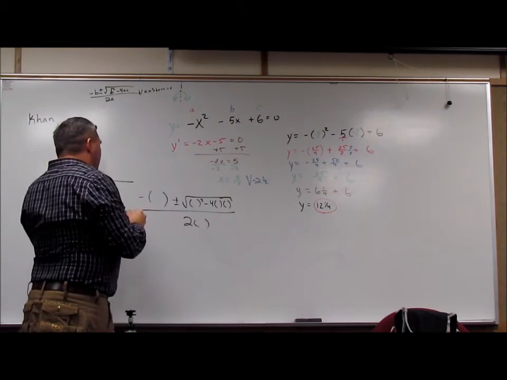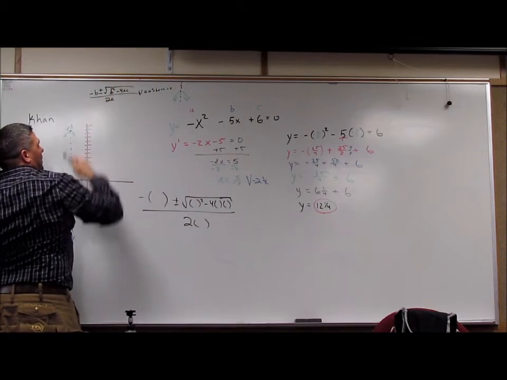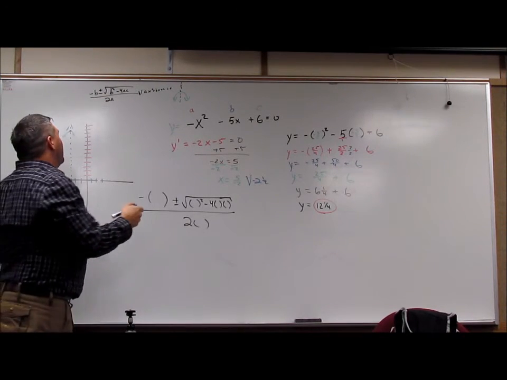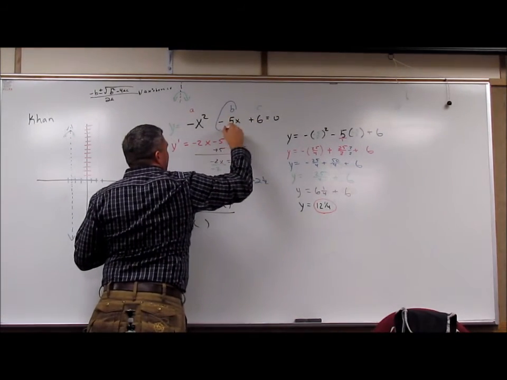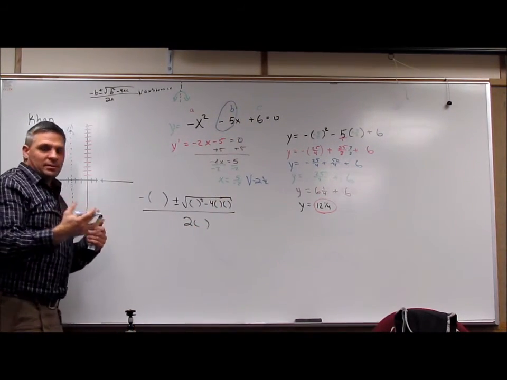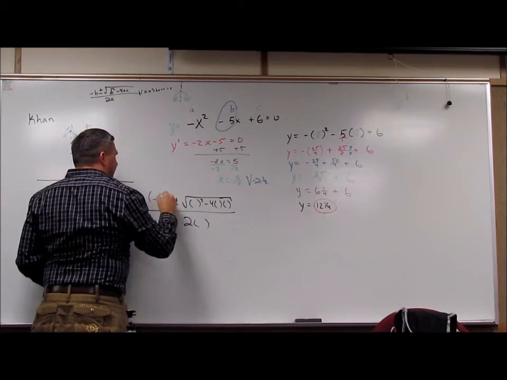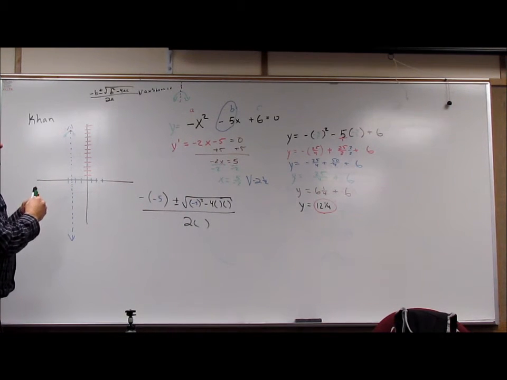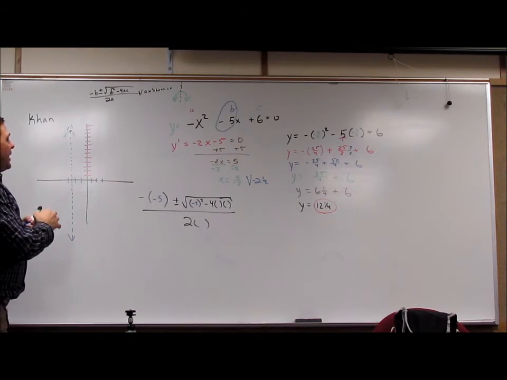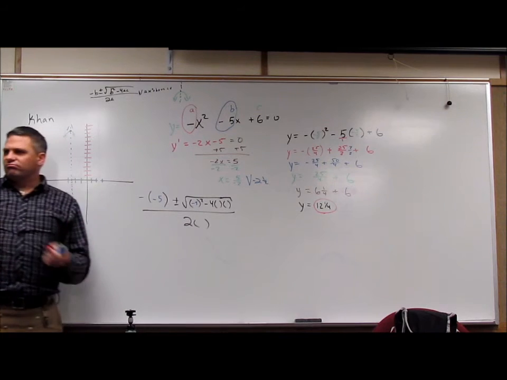And so let's start with our b's. I always like to start with the b because it's right here, b and b. So I'm going to start with my b, and b is this negative 5. So that's going to be negative 5 and negative 5 right there. And then I'm going to plug in my a's. So my a's are red, and it's just this negative, which means what?